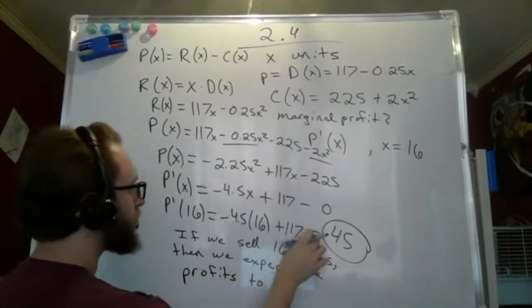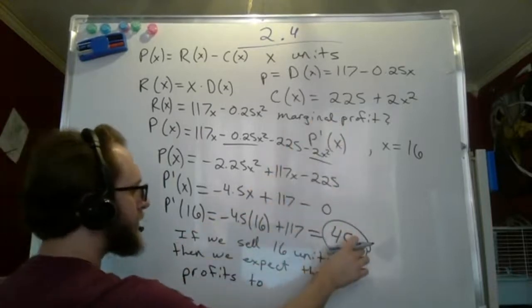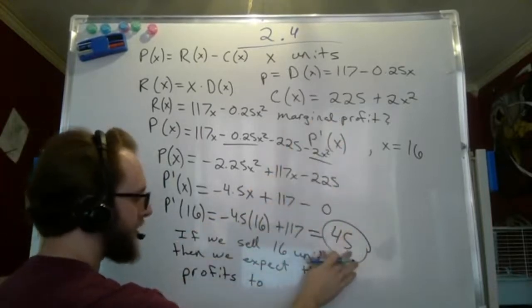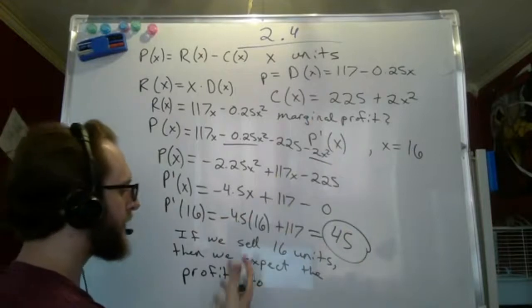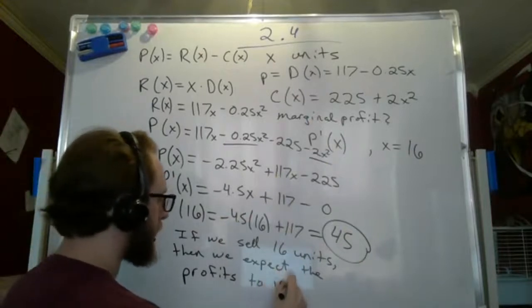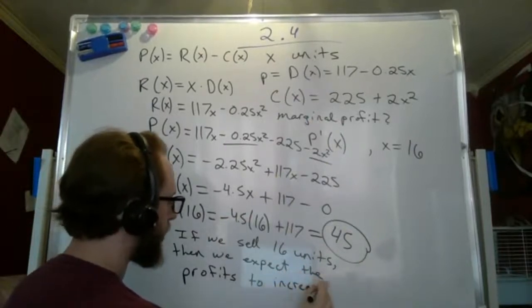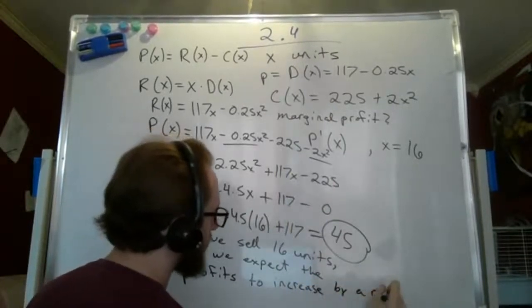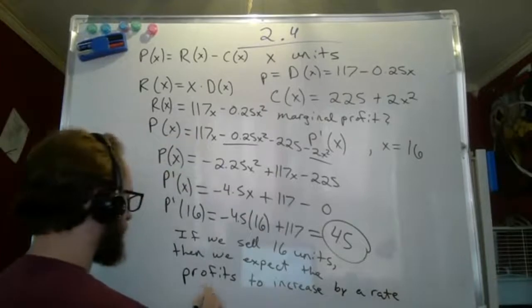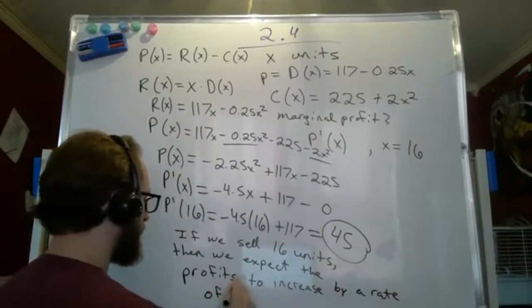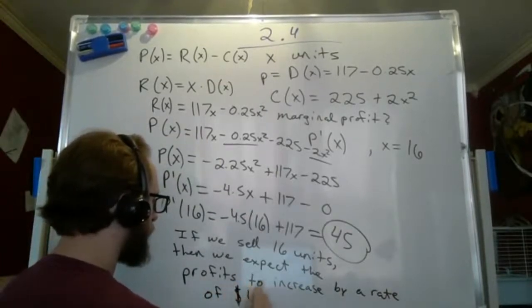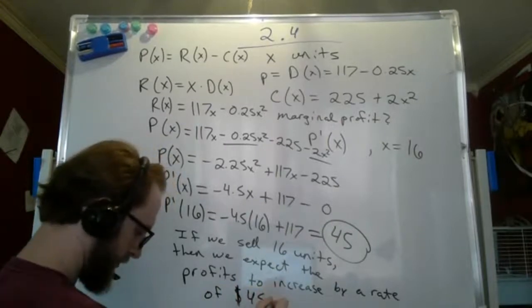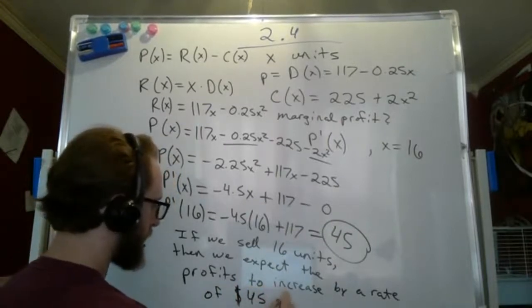Well, we know that the rate of change for profits is 45. This is a positive number, so we expect profits to increase. Increase by how much? Well, increase by a rate of $45 per unit.